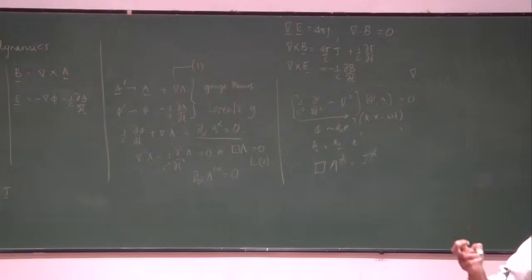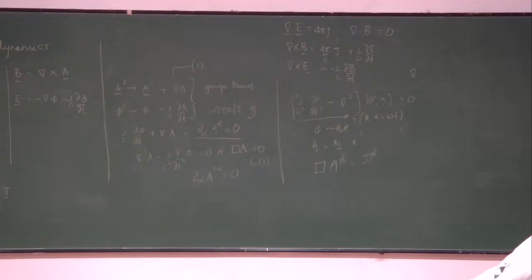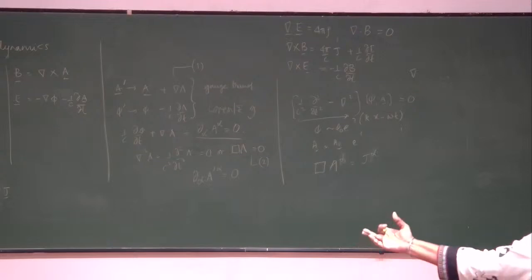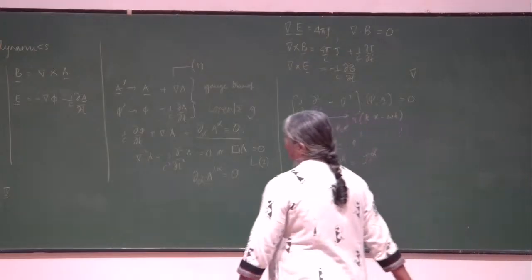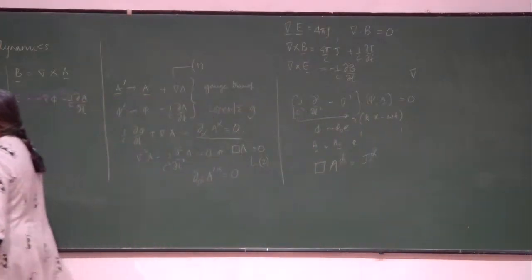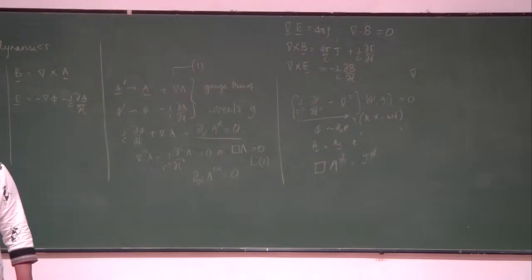You will see it later when you talk about relativistic quantum mechanics, that this massless particle which has only 2 spin degrees of freedom will have to have 2 constraints to remove the other 2 degrees of freedom. Okay. So far I have only talked about these inhomogeneous equations. These homogeneous equations we keep forgetting, but we will come back to them later, and I will take it up in the next class.